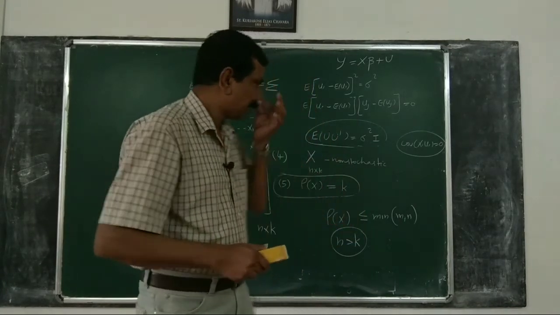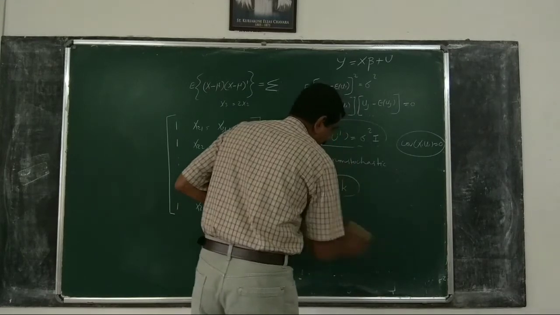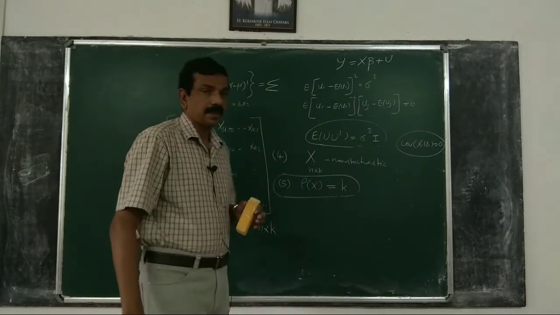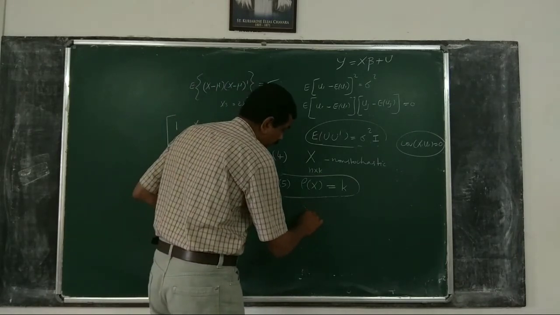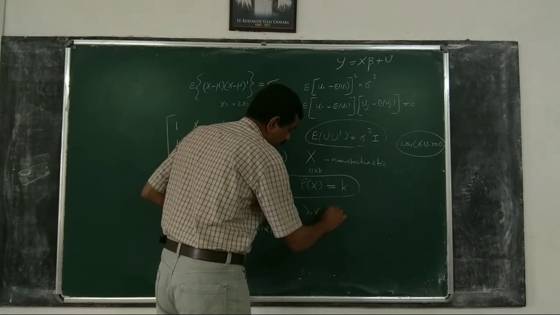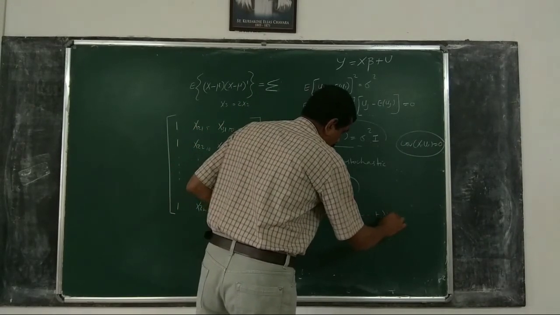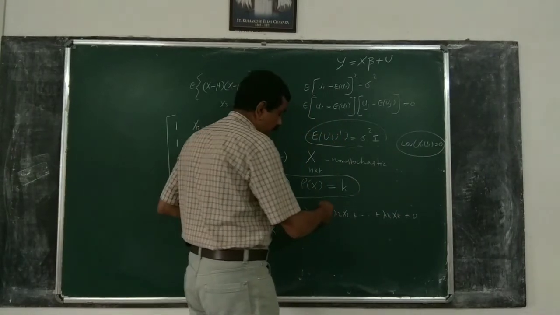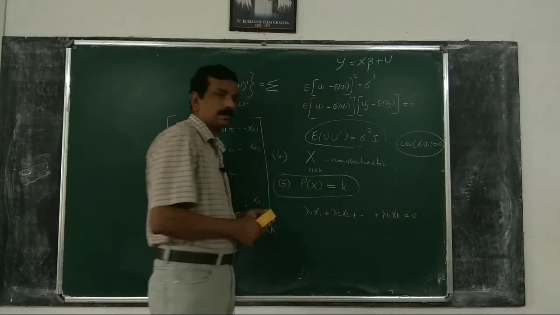And as we have discussed earlier, no multicollinearity means there exists no set of numbers lambda 1, lambda 2, etc., lambda k, such that lambda 1 x1 plus lambda 2 x2 plus etc. lambda k xk is equal to 0.